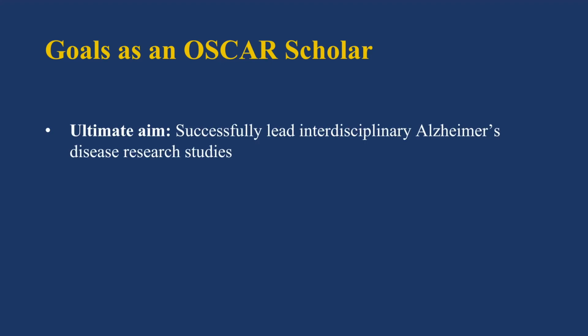And then finally, I'd like to end just by highlighting some of the goals that I have as an Oscar scholar. So while I have been incredibly fortunate to have received excellent training in both neuroimaging and epidemiology, I don't currently possess the skills that are needed to reach my ultimate aim listed here, which is to successfully lead interdisciplinary Alzheimer's disease research studies.